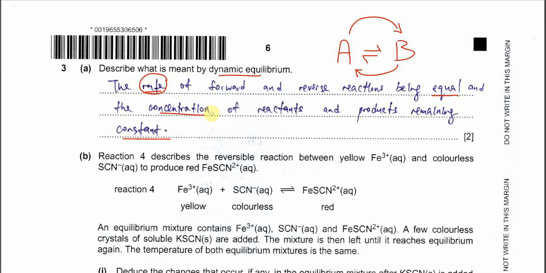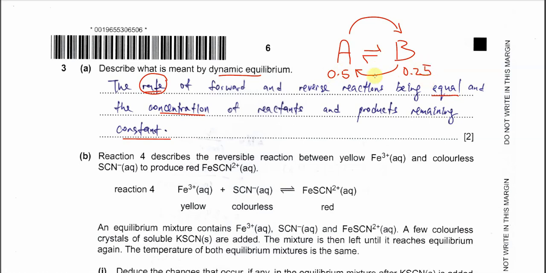So this we call the rates equal. Concentration does not necessarily have to be equal. It can be different concentrations as long as the concentrations stay constant. For example, for this equilibrium, A can be 0.5, B can be 0.25.